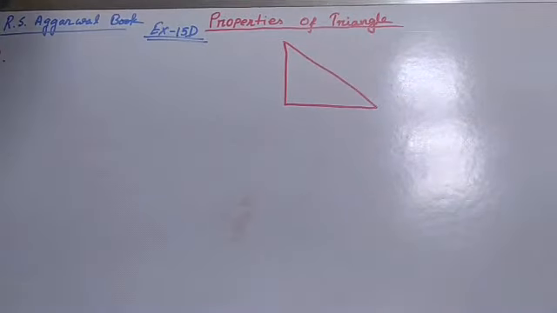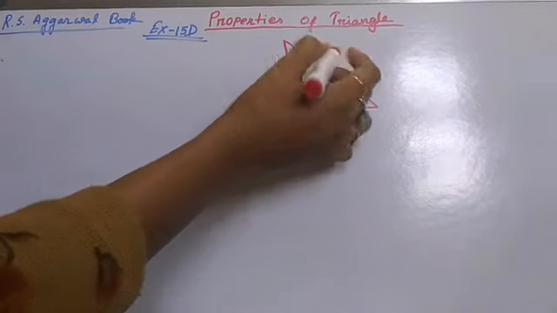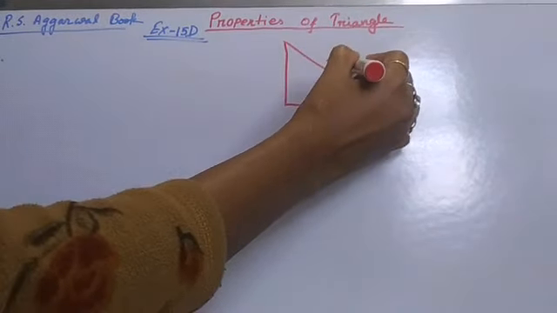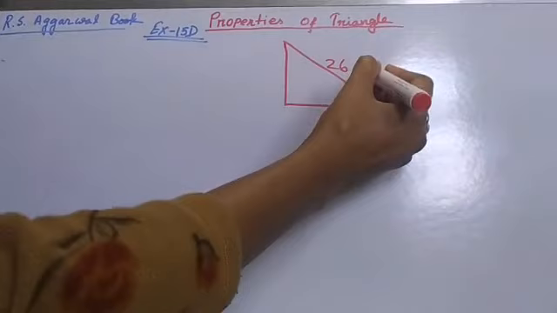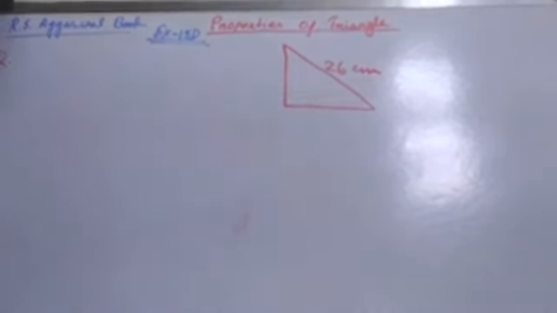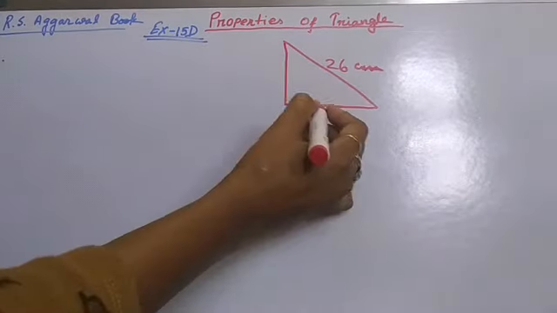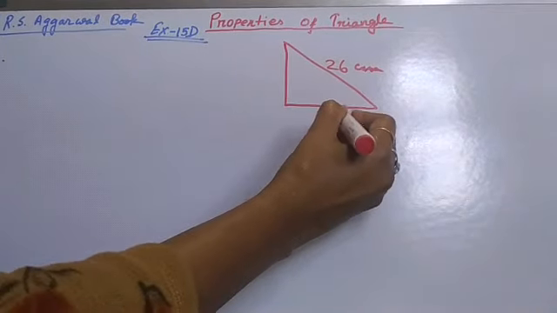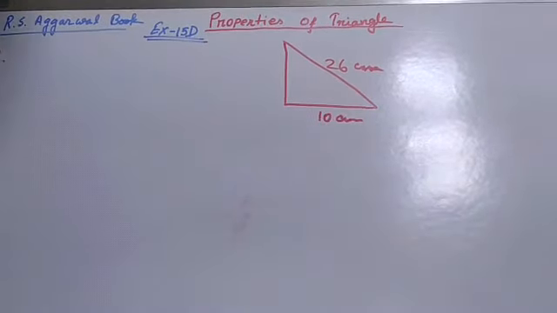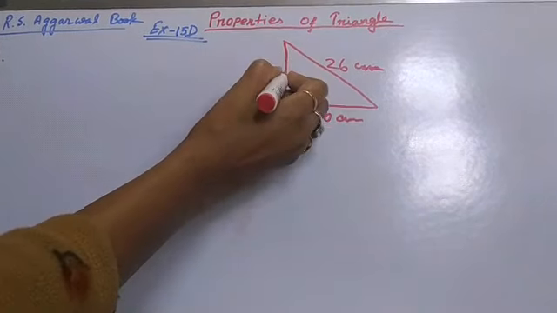Then I will mark the hypotenuse measurement, that is 26 cm. And one of the remaining two sides, suppose this is 10 cm, the other side will be x centimeter.